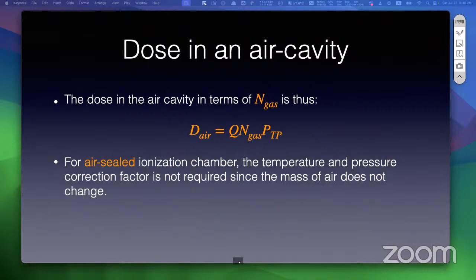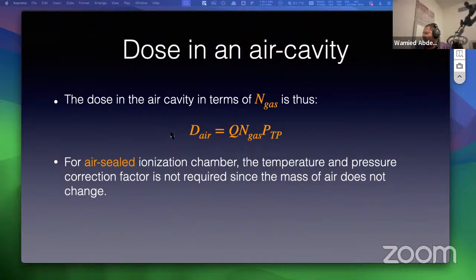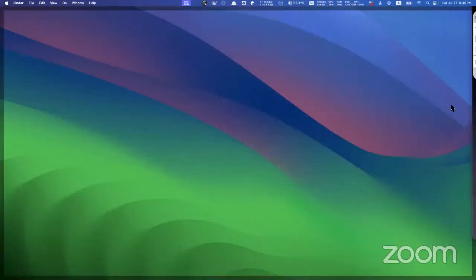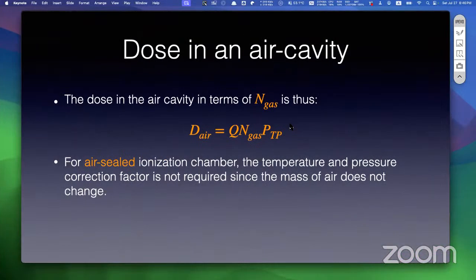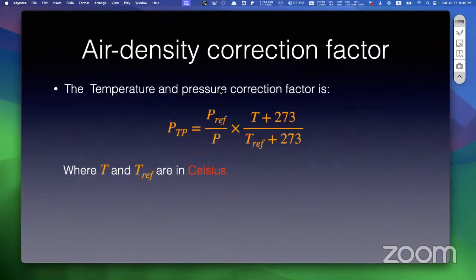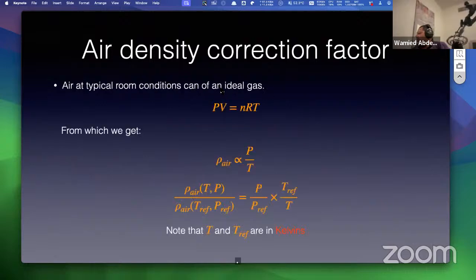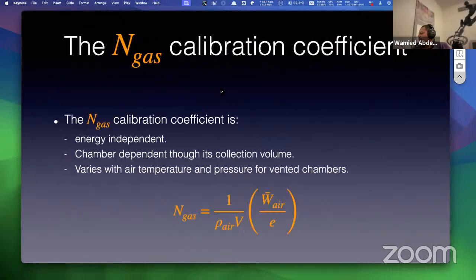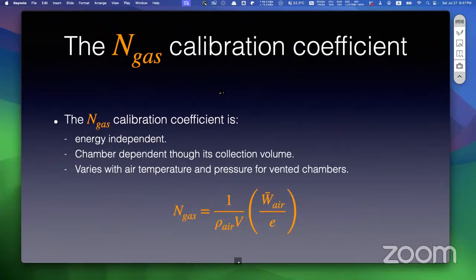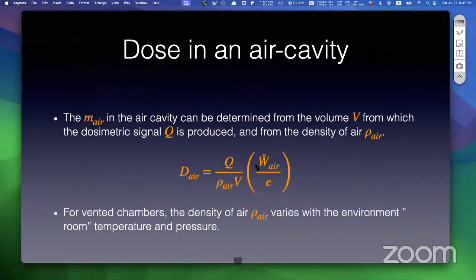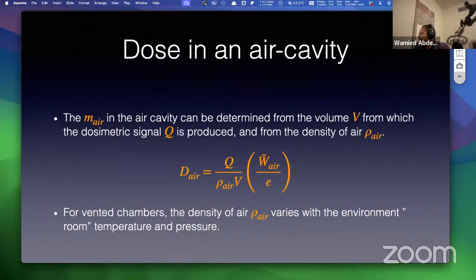Let's go back to the equations you showed. Okay, this is N gas. So yes, we have N gas here. We have the constant W divided by E, W air.